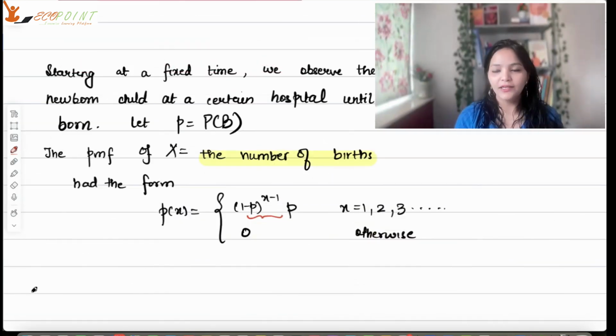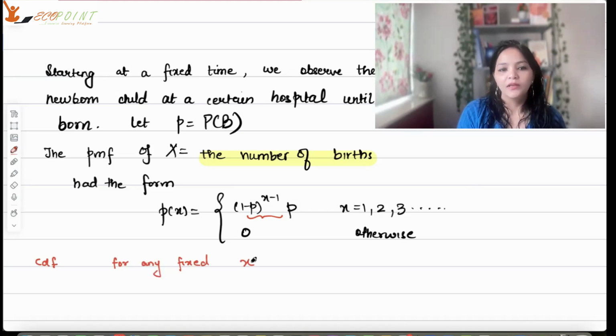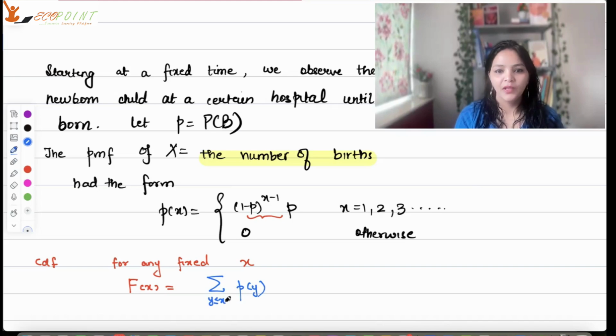Let's calculate what the CDF will be for this random variable. This x will be a value of the random variable x. Capital F(x) is equal to the summation of p(y), where y is less than or equal to x. That is, you'll add up all the probabilities. The value of x starts with 1.